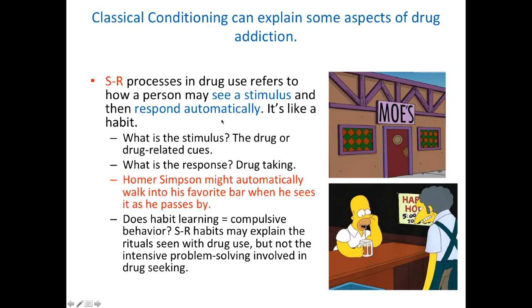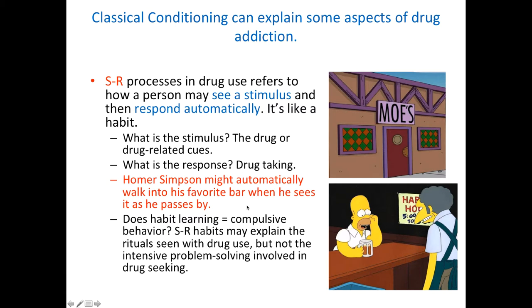It's an automatic reaction. According to S-R learning, the person might encounter the drug itself or drug-related cues, and then they engage in the response, which is going to involve drug taking. So as an example, Homer Simpson over here might automatically walk into his favorite bar when he sees it as he passes by.